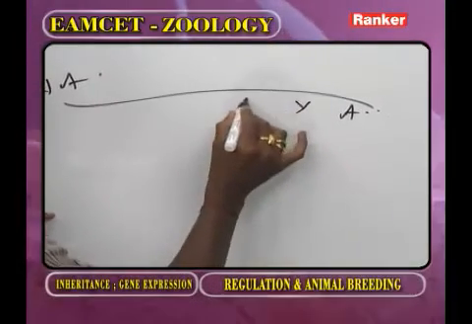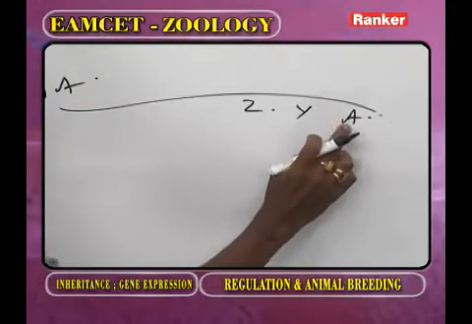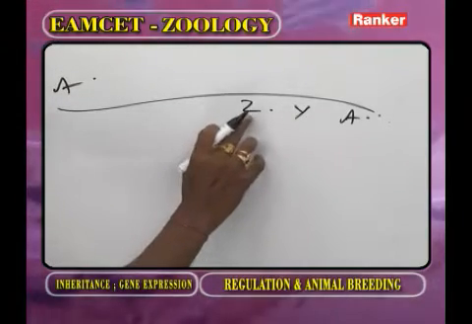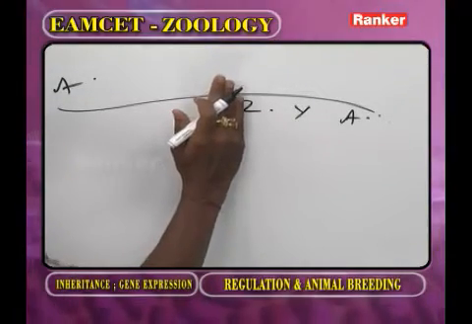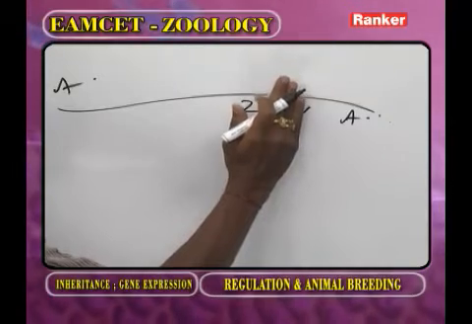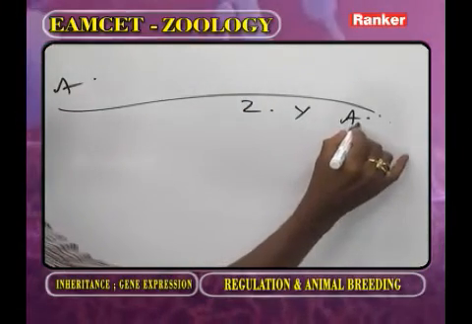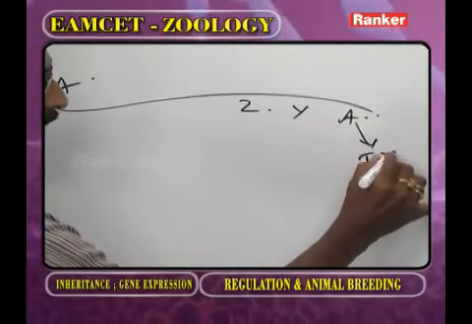Z, Y, A. On the right side of Z, Y. On the right side of Y, what is present? A. Now this gene gives rise to what type of enzyme?